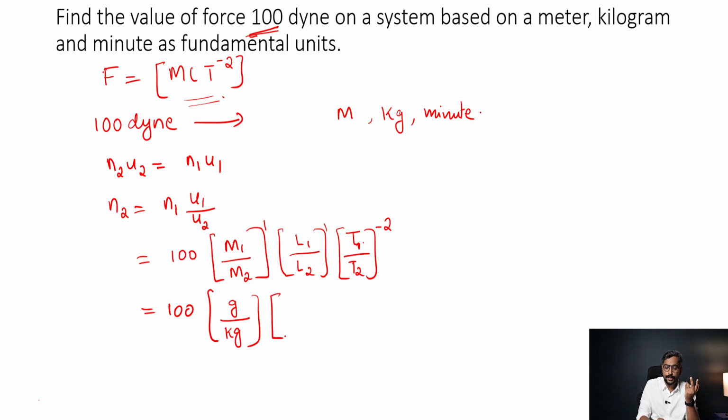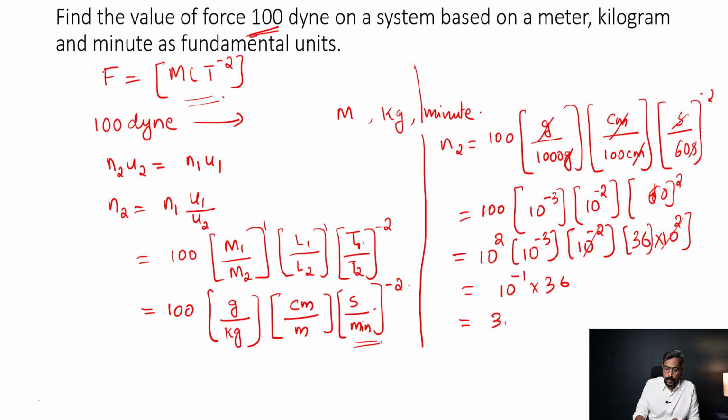Now L2, in dyne it will be centimeter, whereas in this particular new unit it is meter, right? Now T1, in the CGS system it is second, but here in this new unit it is minute. Here is the difference. That is 3.6.